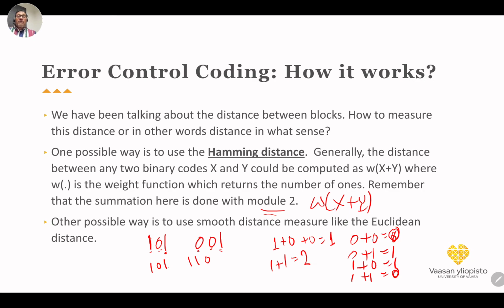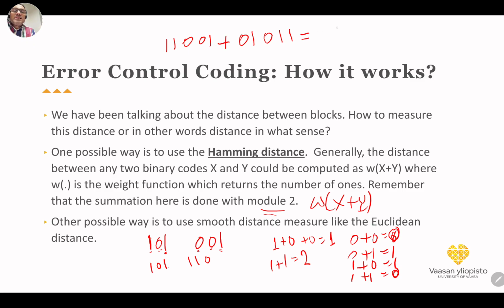For example, if I ask you what is the distance between 1, 1, 0, 0, 1, and another code, 0, 1, 0, 1, 1? What you will do is simply add them together.